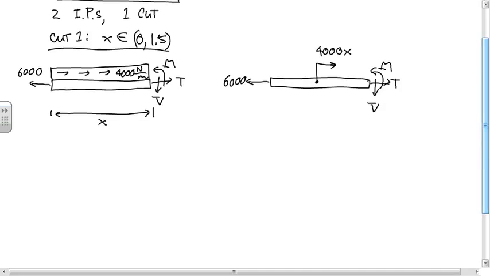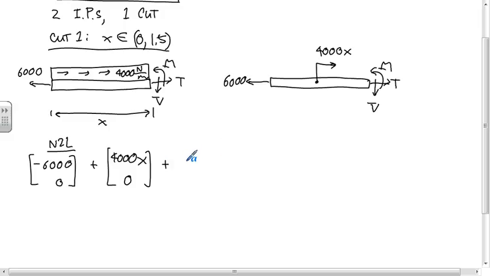All right, and now we'll go to Newton's laws and think about what's going to change now that this force is going to the right instead of down. So for Newton's second law, we have negative 6,000, 0. For the horizontal distributed load, we have positive 4,000 x, 0.